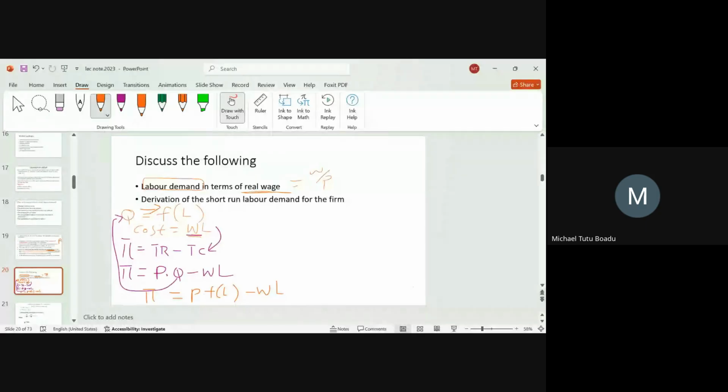If you get confused, you can take the F away and leave the L so that you will not be confused when I'm doing the differentiation. So profit is equal to P times F(L) minus WL. Now differentiate with respect to L.